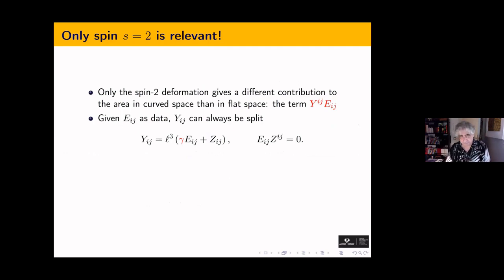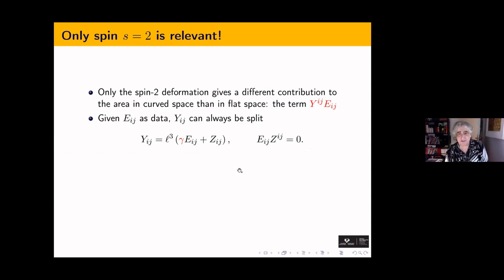And of course, if you take the vector space of traceless and symmetric tensors at the point P of rank 2, this is a 5-dimensional space. And then you can write any tensor in terms of a basis. In other words, given the electric part as data, I can write the deformation, which is arbitrary, as something proportional to E plus a part which is orthogonal to E.